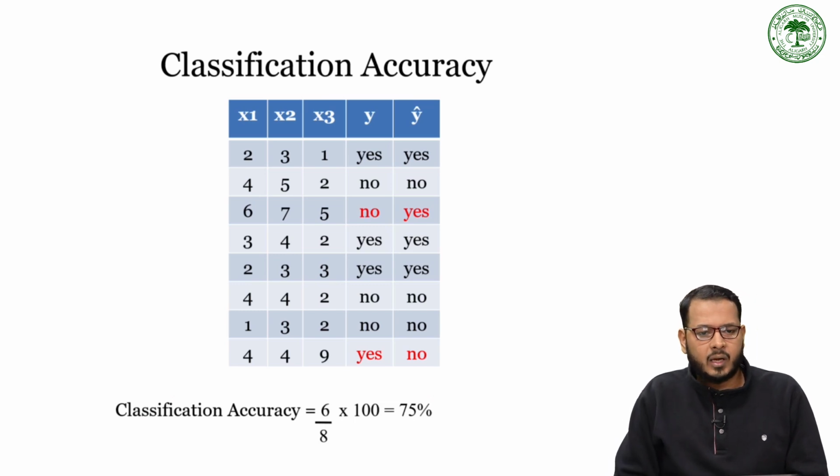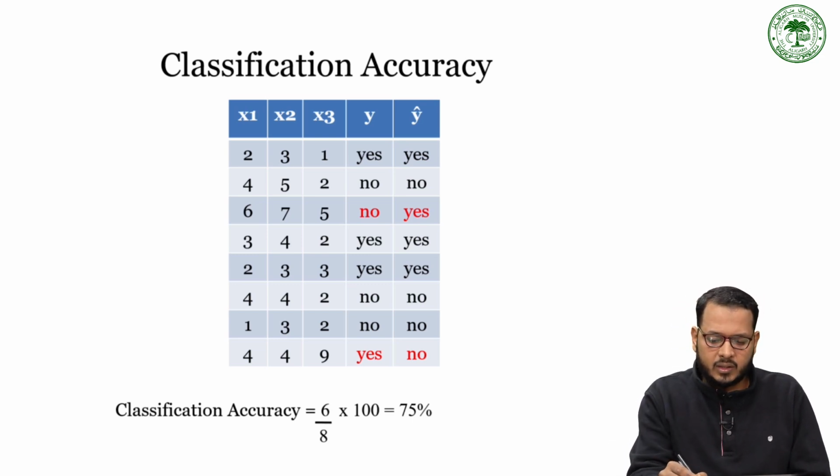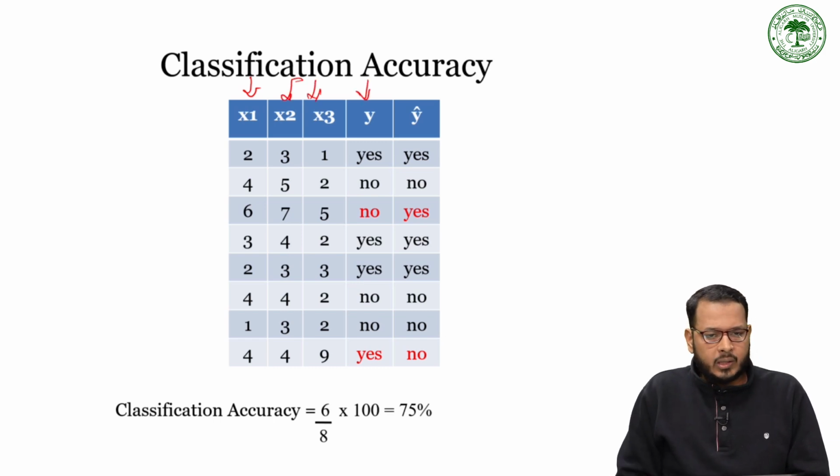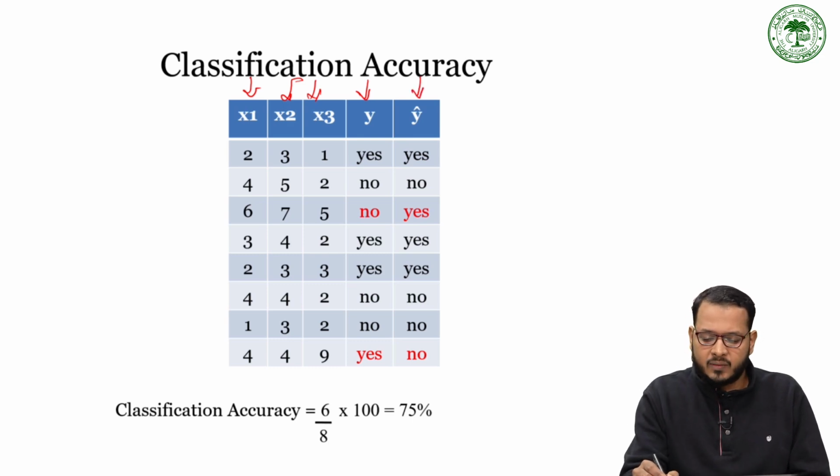Let's discuss how we can calculate the classification accuracy also. Let's say I have been given this classification data set where I have 3 independent variables and 1 dependent variable, which is y. Now let's say using some classification algorithm like k nearest neighbor or decision tree, we calculated the estimated value of y, which is y cap.